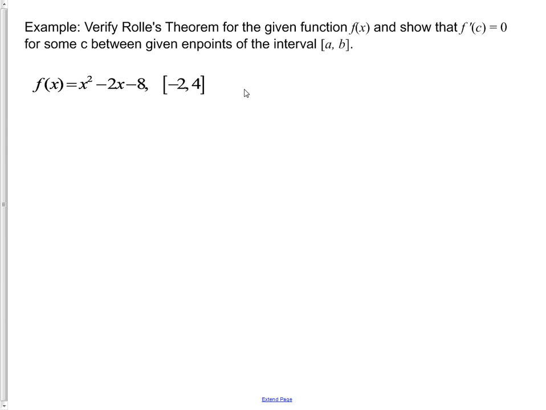Well, let's give it a concrete example here. Let's verify for this function f of x that Rolle's theorem will apply on the given interval from a to b, and show that there is a point c where f prime of c is equal to 0. So what do we have to do? Well, the first thing is to show that this function is continuous. Certainly it's a polynomial that is defined on the interval. F of x is everywhere continuous here.